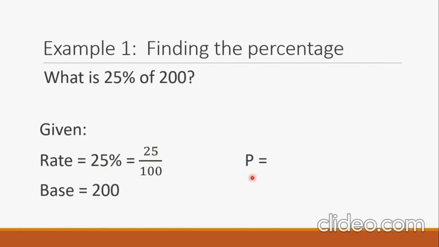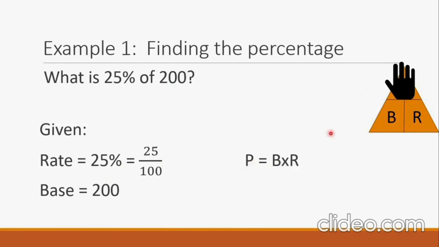Of course, what is required here is the percentage. A while ago, we have this triangular formula here. The P is on top, B and R at the bottom. So we need the P. What I will do is simply cover that P, and this B and R will be my formula.